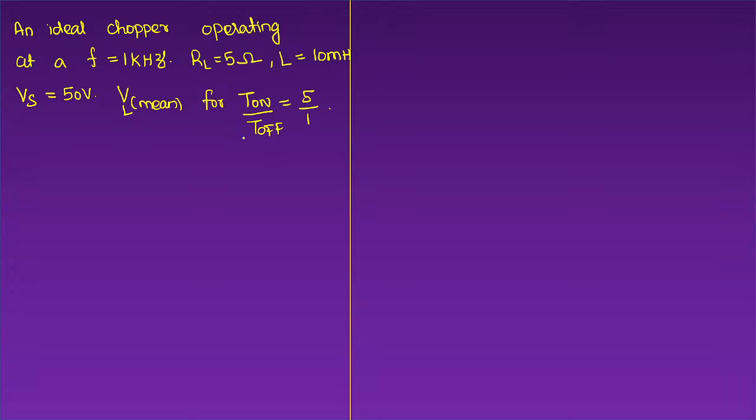You all know mean means what? Mean means average, right? So an ideal chopper operating at a frequency of 1 kilohertz, load resistance is 5 ohm, inductance L equal to 10 millihenry, supply voltage is given as 50 volts. Then what can be the expected value of this average output voltage for the on to off time ratio of 5 by 1?